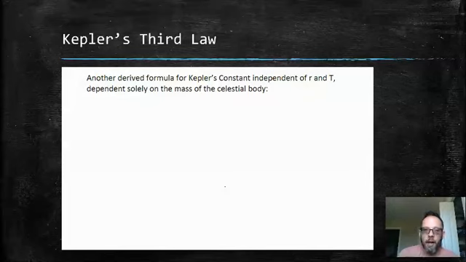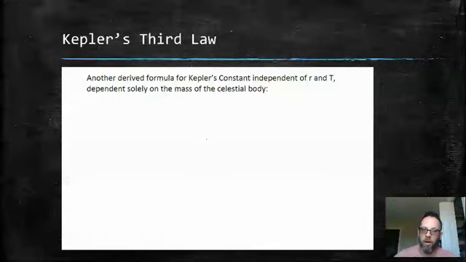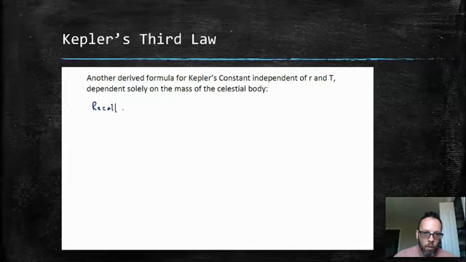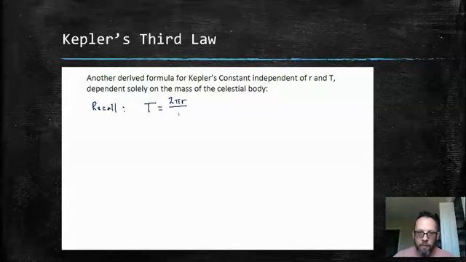So we can actually get a different formula for Kepler's sun constant that only depends on the mass of the body that's being orbited. So I'm going to show you guys that right now. Our starting points will be this. Recall, we've already done some work with this today, but to get the period of something's circular motion, we use 2 pi r over v.